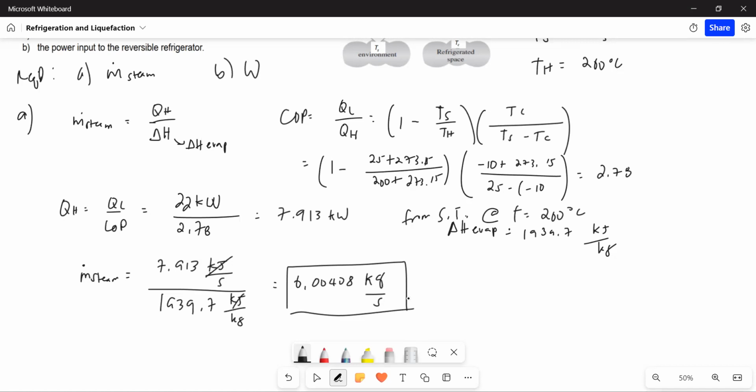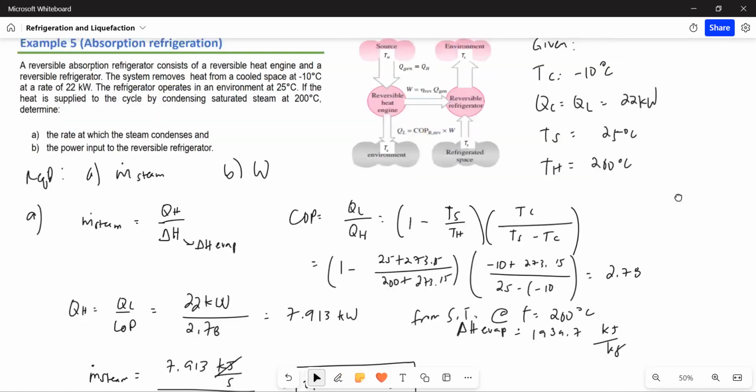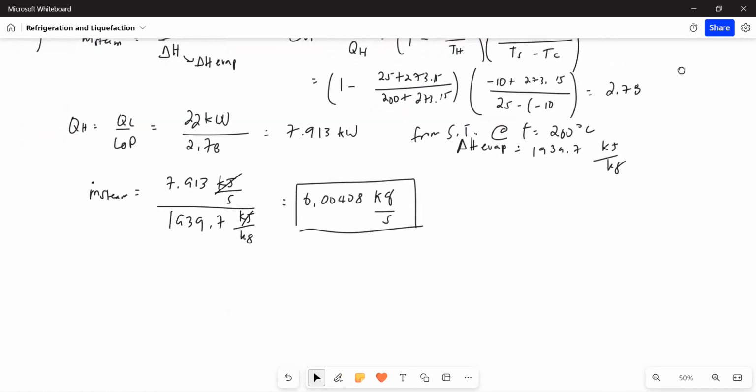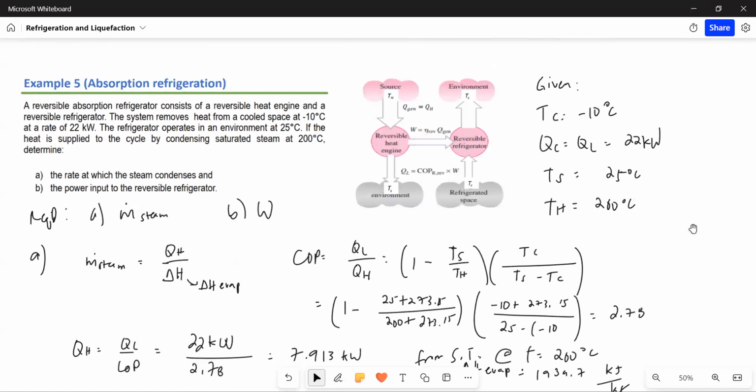Letter B, we're being asked for the work. So how can we solve for the work? We can use the equation for the COP of the refrigerator.